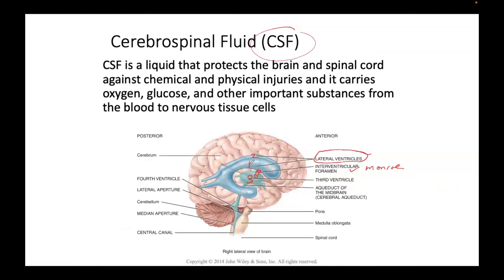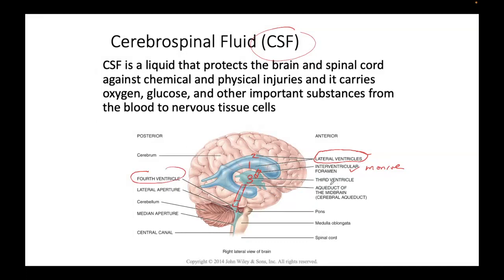So how does the CSF go from lateral ventricles 1 and 2 into the third ventricle? It's got to get there through the interventricular foramen of Monroe. Then the CSF is in the third ventricle, and now it's got to find its way into the fourth ventricle, which is down here. Now it's got to go through another drainage duct, which is here.